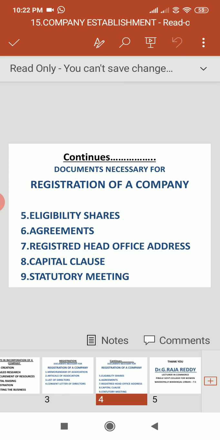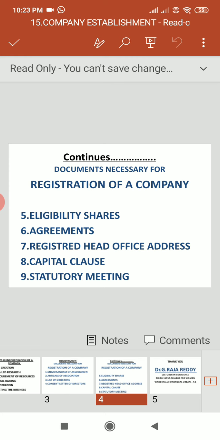Whoever is contesting for the director post should buy a minimum number of shares, which are called eligibility shares. Based on the company, they decide in the articles of association how many shares must be bought. That is the eligibility to contest as a director.